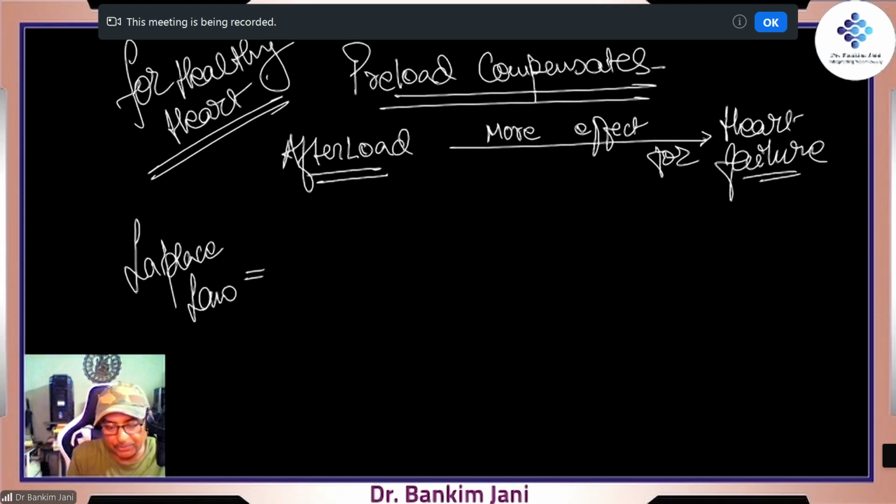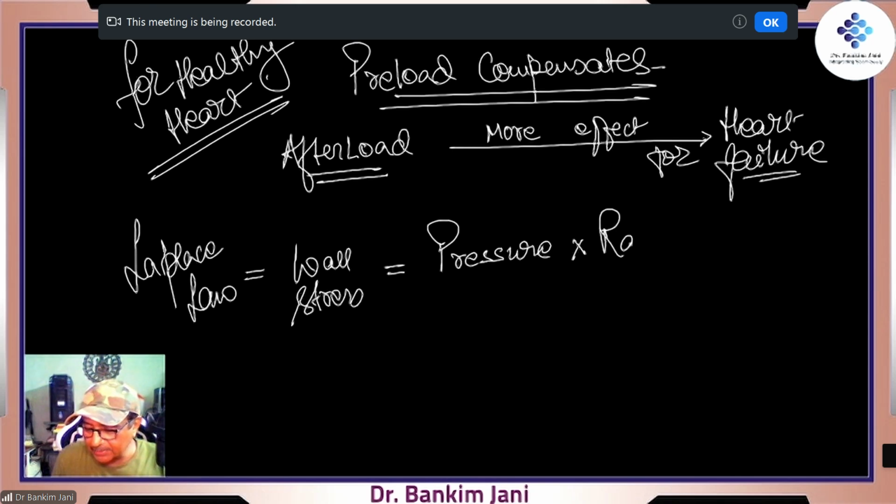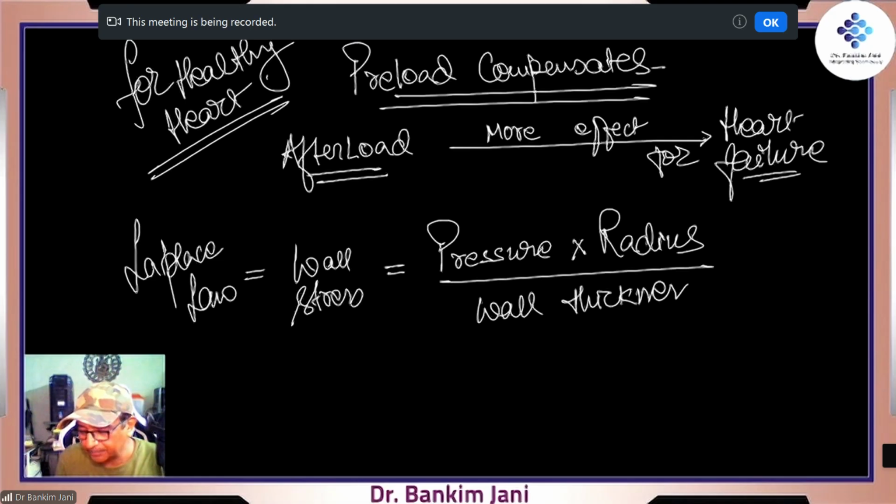What Laplace law says is that wall stress, the amount of pressure which is getting generated onto the wall, is pressure multiplied by radius, and this we used when we were talking about the alveoli, divided by wall thickness.